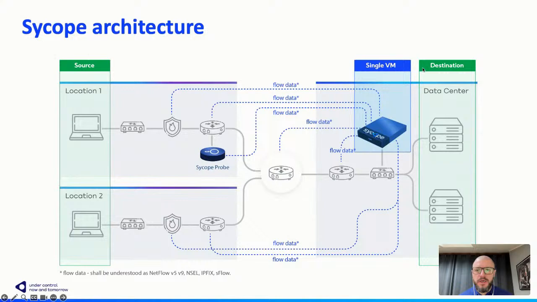This is the architecture of our system. And of course, the main point of our architecture, the heart of the system, is our collector, which is available as a virtual machine, which can receive the NetFlow data from existing network devices, switches, routers, firewalls.